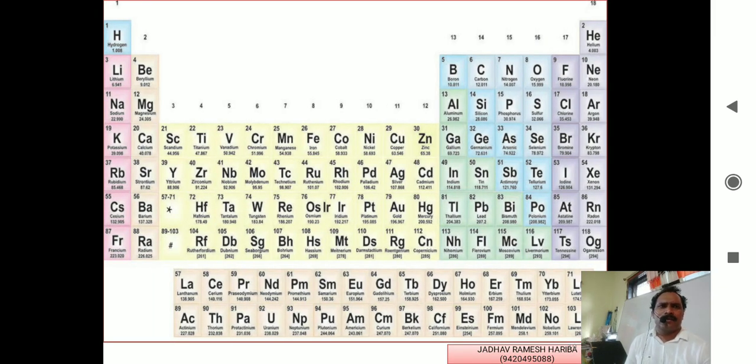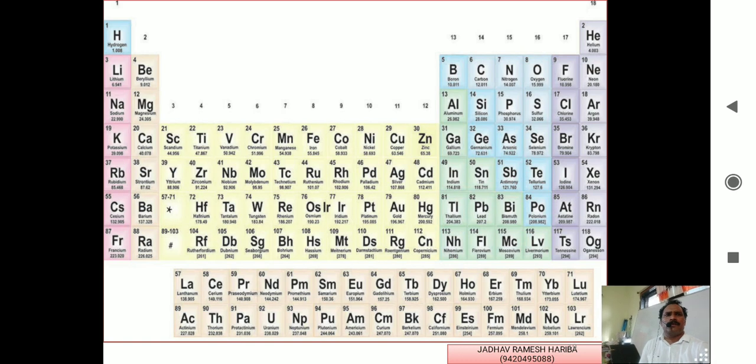Look here, in this modern periodic table we will see there are 18 groups and 7 periods. In the first period there are only 2 elements, hydrogen and helium. In the second period: lithium, beryllium, boron, carbon, nitrogen, oxygen, fluorine and neon.